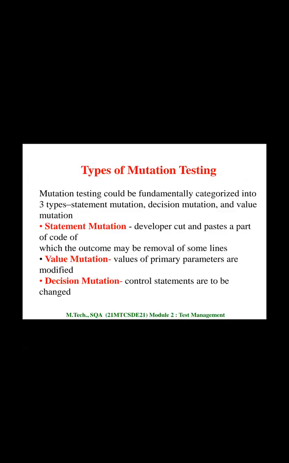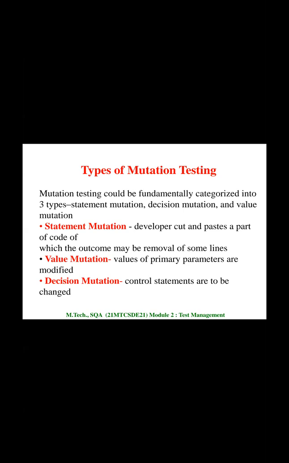So in mutation testing itself, we have three types, subheadings. The three major subtypes are statement mutation, value mutation, and decision-making mutation. Statement mutation means the statement will be changed. It may be if x is greater than y, we can change it to y is greater than x. Value mutation means instead of using a variable, you can make use of a constant.